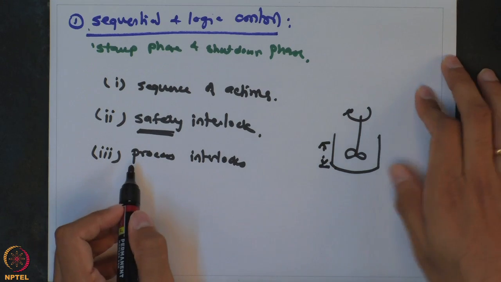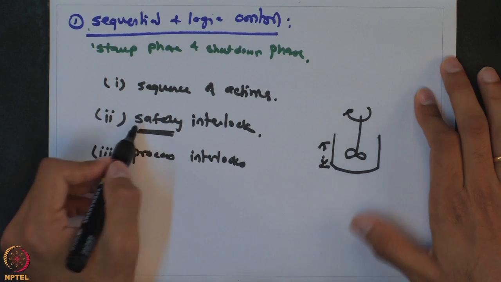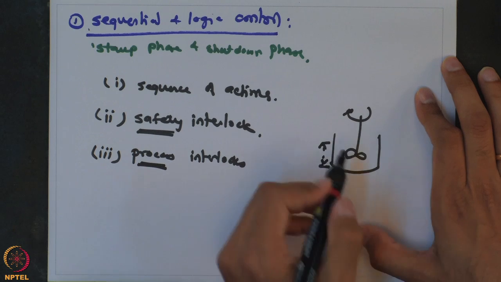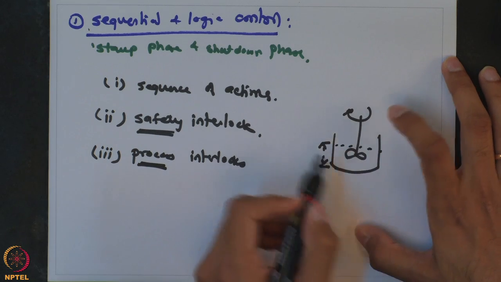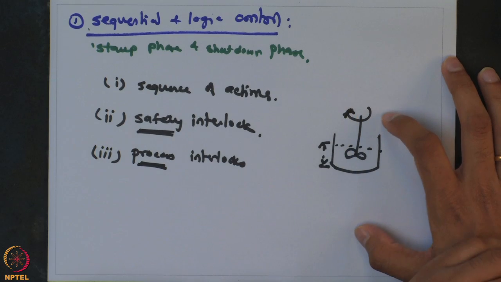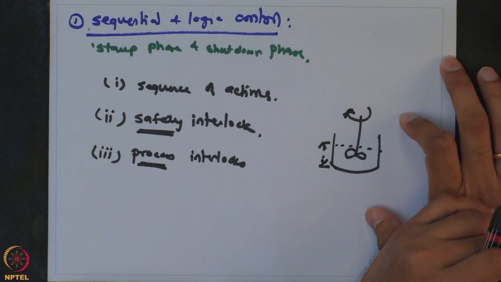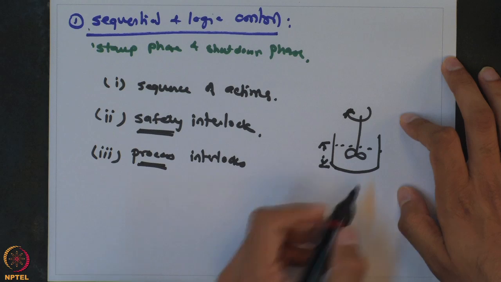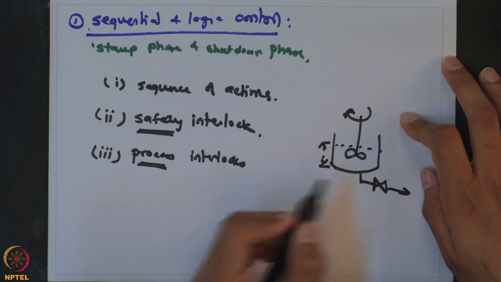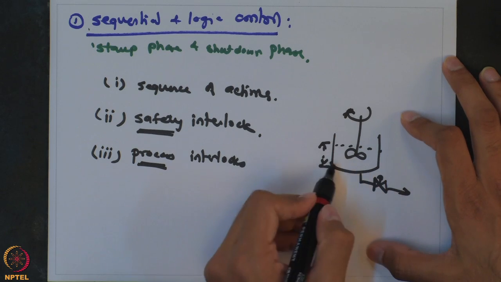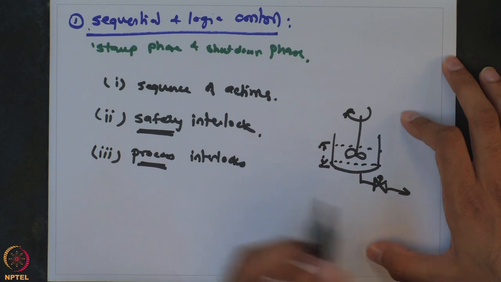So this is not really a safety related interlock, but more of a process interlock, where you want to say that the task of starting the impeller should be done only when there is a sufficient amount of level inside that particular vessel. Similarly, if you want to withdraw product, a similar thing would be there. You will not start withdrawing the product unless the level is above a certain value.